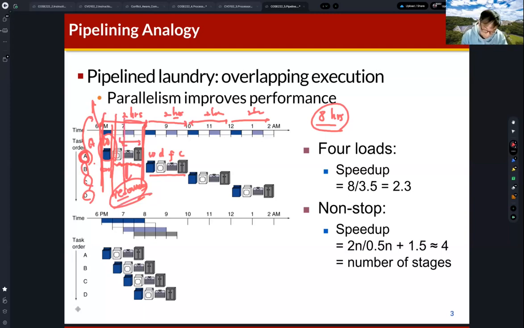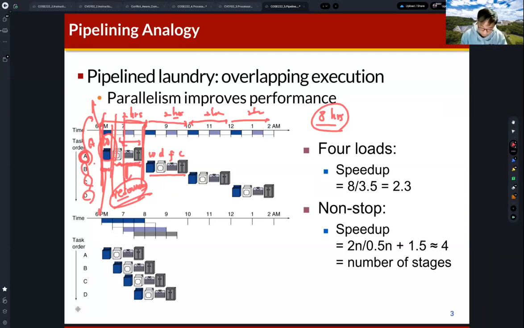And then for the next 30 minutes, we use the dryer, but we do not use the washing machine, we do not fold clothes, and we do not store clothes in the closet. So these resources are wasted.